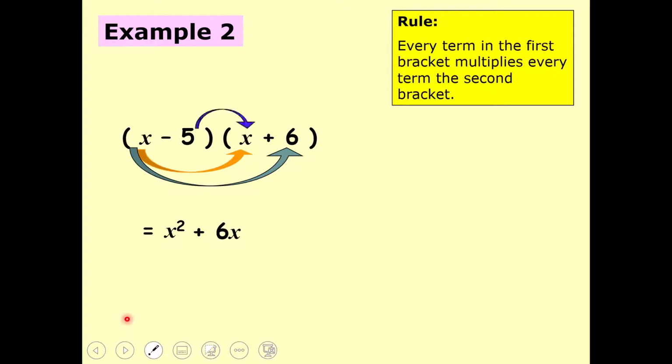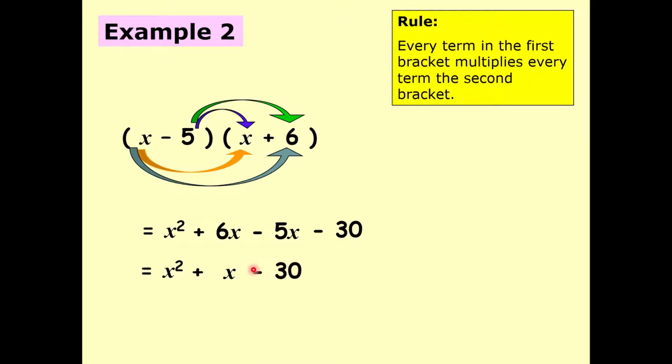Then we're going to take minus 5, so negative 5, multiplied by x. So negative 5 times x gives you negative 5x. And then we're going to take that negative 5 again, whatever sign is in front of it, they're stuck together, negative 5 times 6 to give us negative 30. And then we're going to collect our like terms in the middle to give us x squared plus x minus 30.